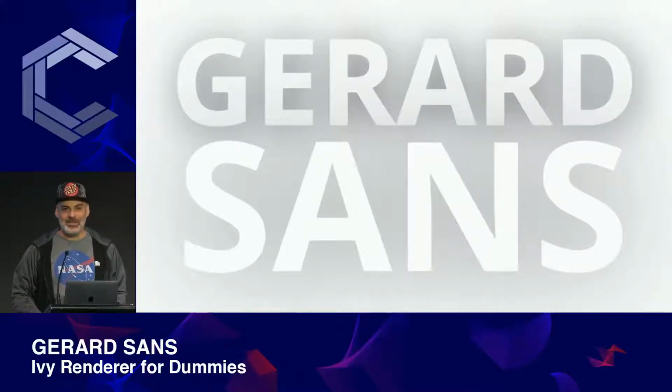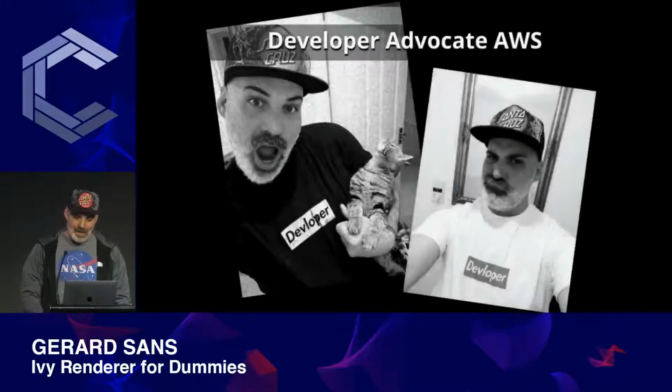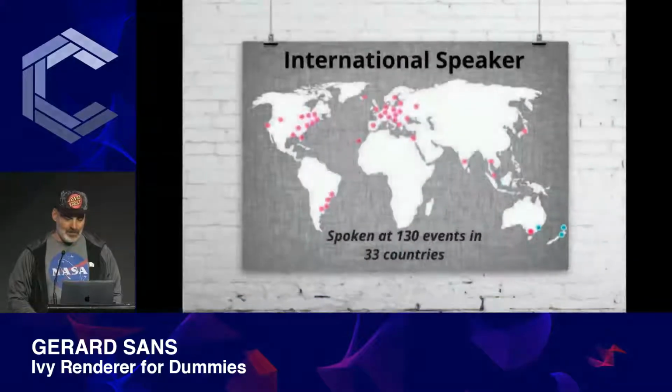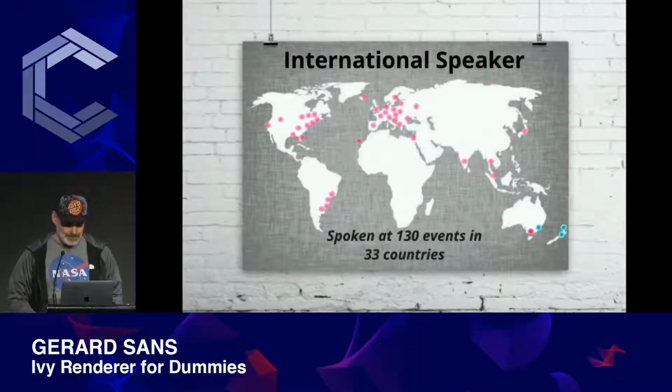This is the most important bit of this talk. We could stop here if you wanted. This is my name. I'm Gerard Sands. I'm a developer advocate for AWS, and I've been doing this for a little while. You can see that this is my first trip to Australia. Nice, very good. I'm missing the kangaroos.